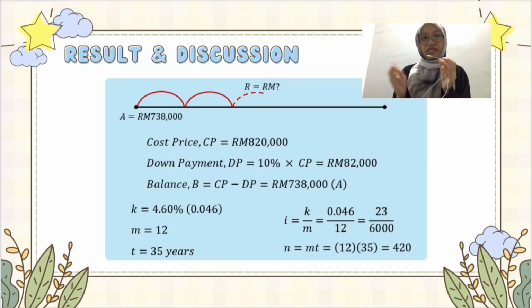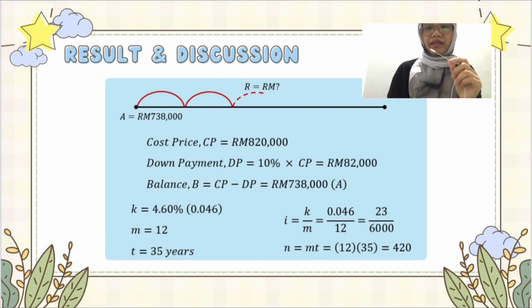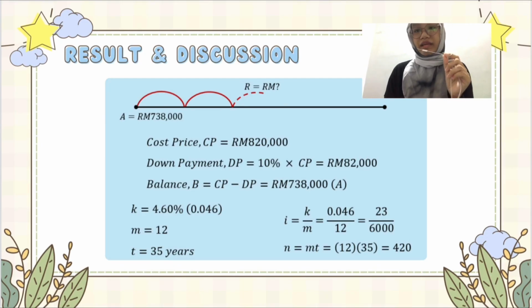For this, we have the timeline that has A and R. For A, RM738,000, and we need to find R. In this part we have cost price, down payment and balance. Cost price equals 820,000 ringgit, down payment which is 10% multiplied by CP equals 82,000 ringgit, and balance equals CP minus DP, which we get 738,000 ringgit.